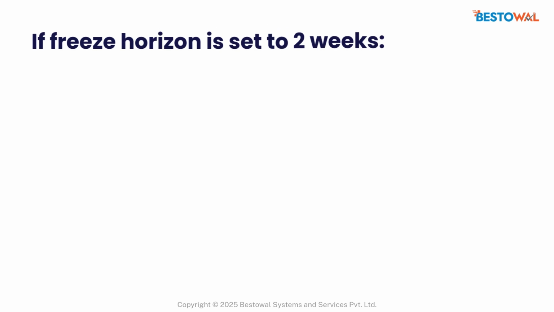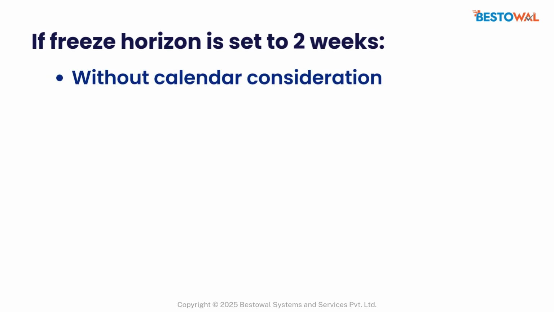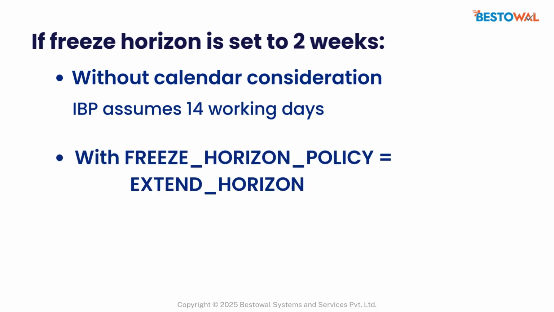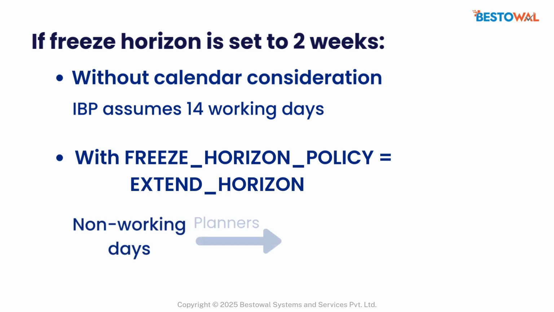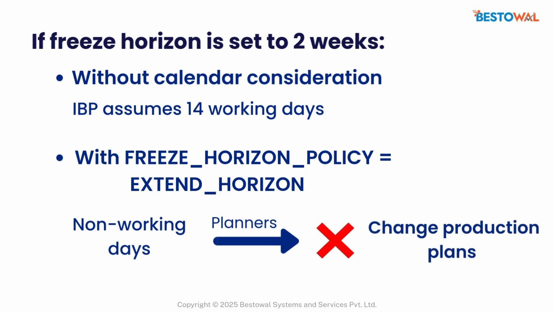If freeze horizon is set to 2 weeks, without calendar consideration, IBP assumes 14 working days. With freeze horizon policy equal to extend horizon, IBP adds non-working days, so planners don't accidentally change production plans during holidays. That's huge for execution stability. Absolutely. It prevents last-minute changes that the factory can't realistically execute.